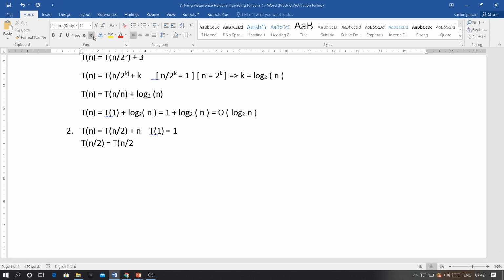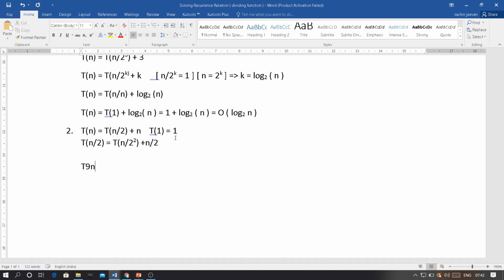Similarly to the previous way, we get n divided by 2 square plus n divided by 2. See here, if this is n, this is also n. If this is n by 2, then this also has to be n by 2. So you cannot again take n. This is the value of T of n divided by 2, and we are going to substitute it in the above equation.